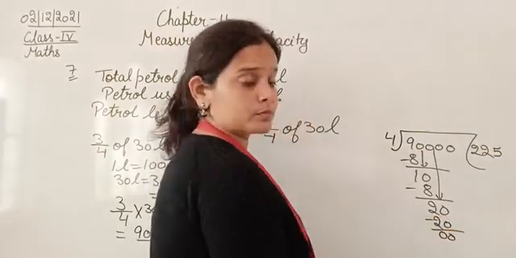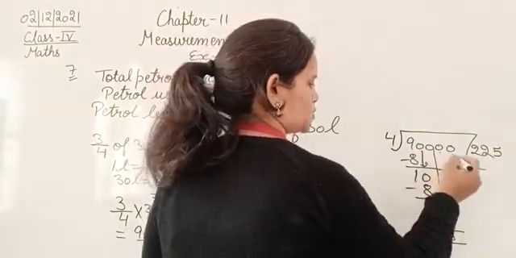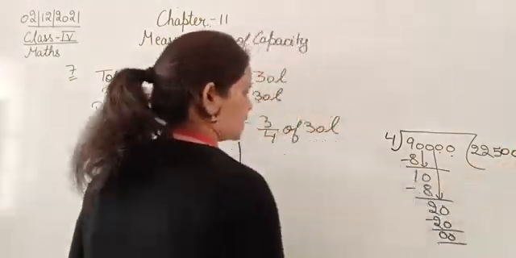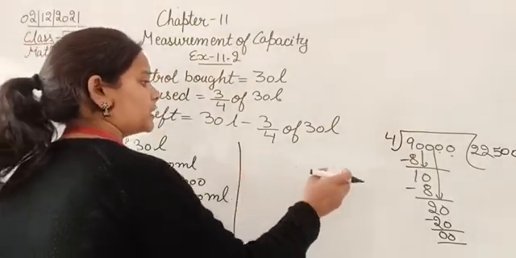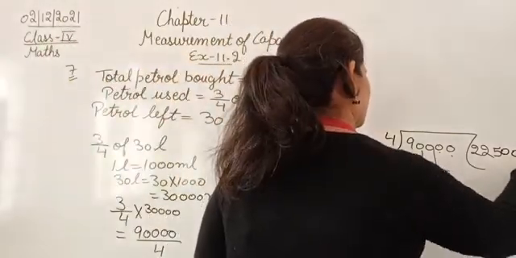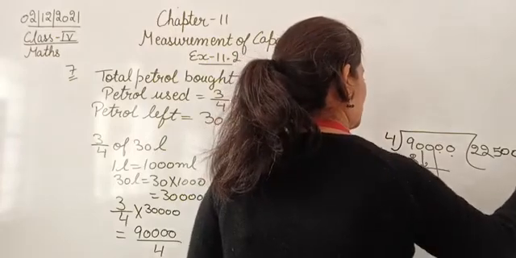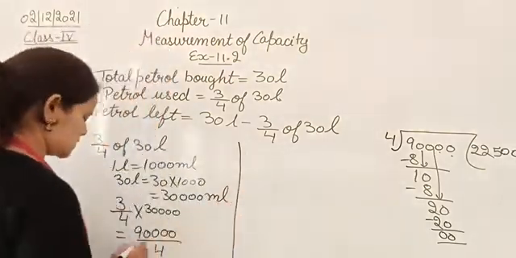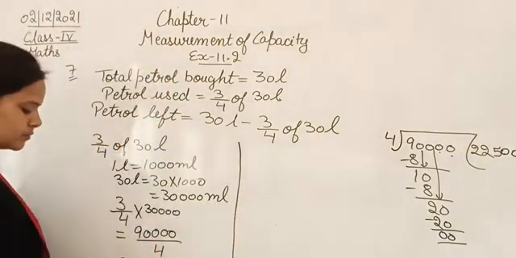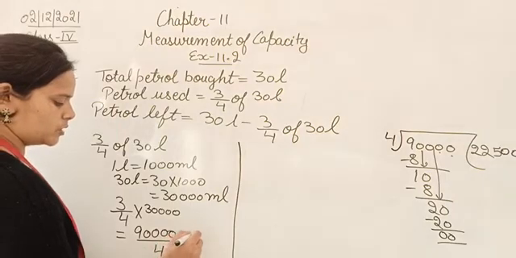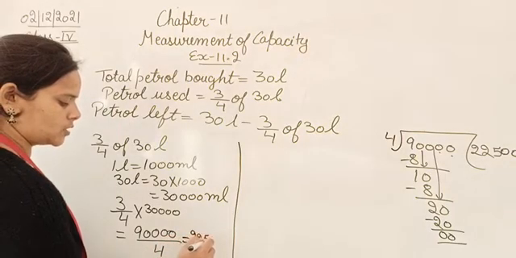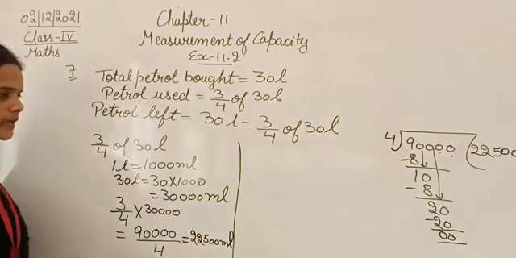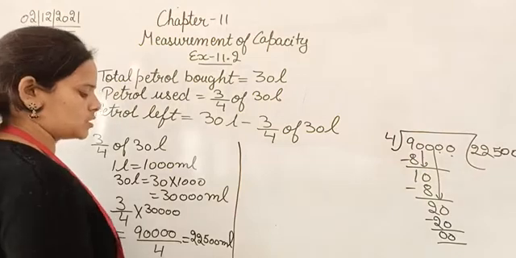Now these two zeros you can directly put here. So this is 22,500 milliliter. So this is equal to 22,500 milliliter. Now just subtract it from the total.